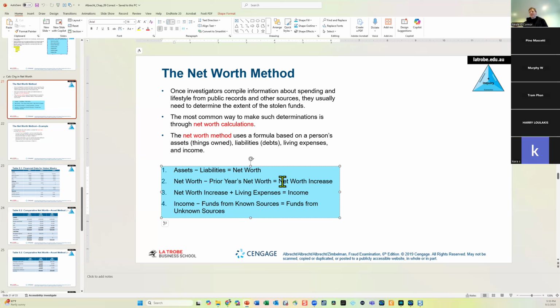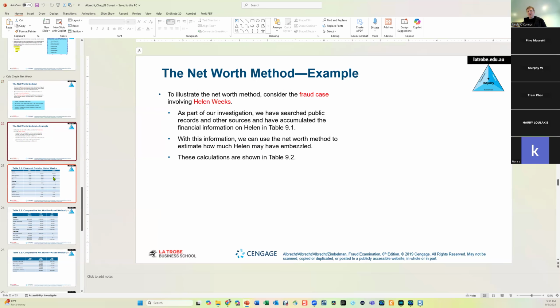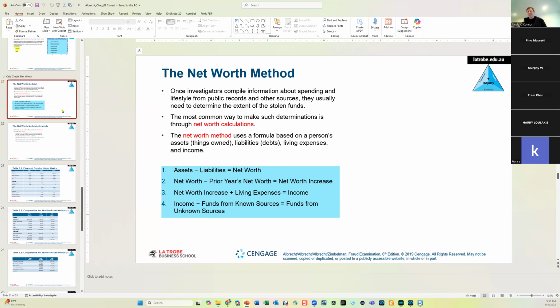But this net worth method is an accounting method, and the whole idea is to take the change in the balance sheet from period 1 and period 2, and then compare that change with how much income came in during that period.